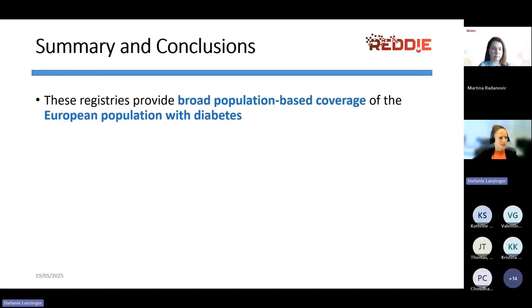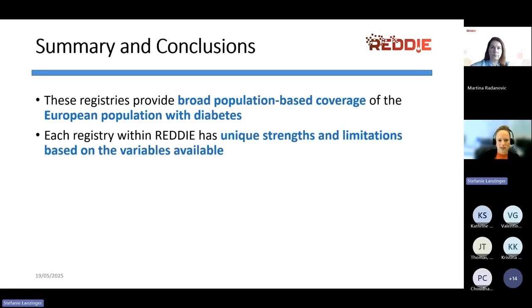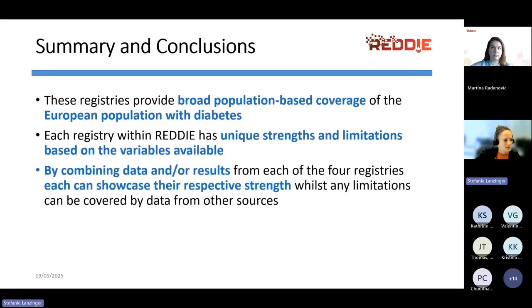So to sum up, the 4 registries that are involved in the REDDIE projects provide broad population-based coverage of the adult European population with diabetes. Based on data that are available, each registry has unique strengths and limitations, and also these 4 registries complement each other with regard to the information that are available to a full extent.